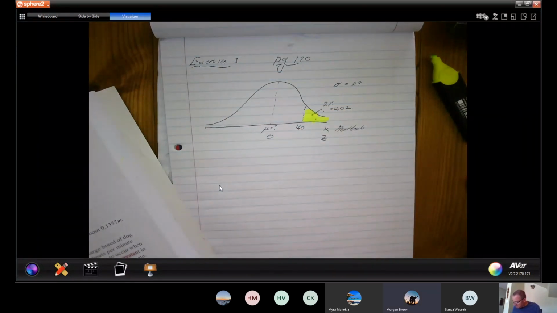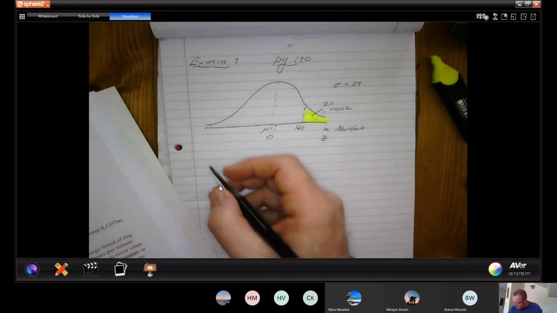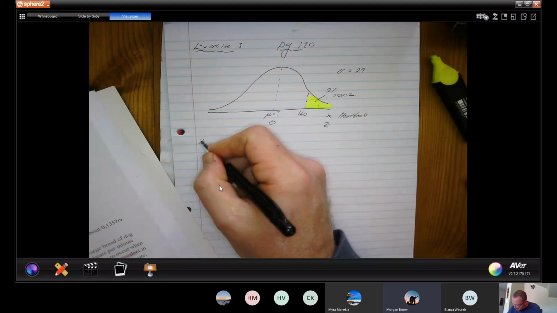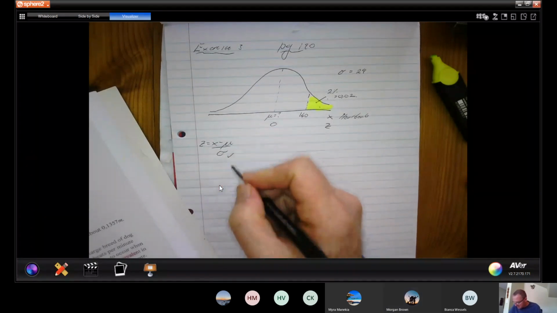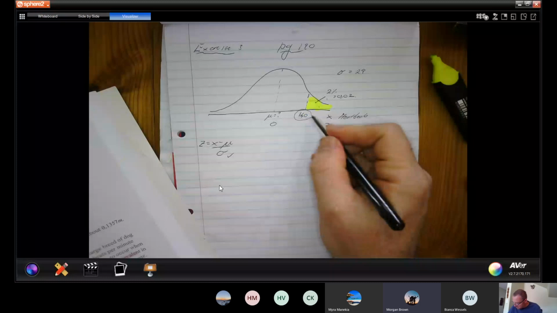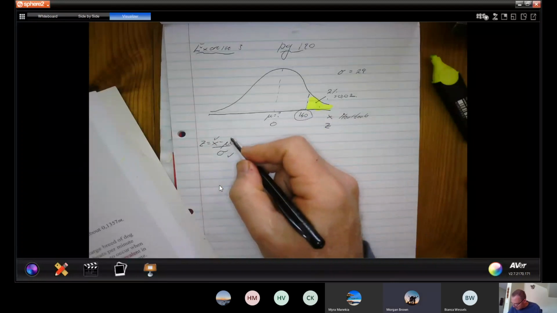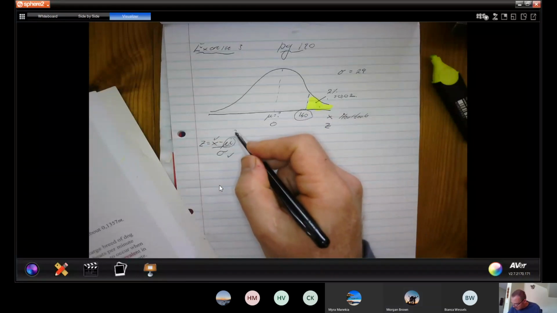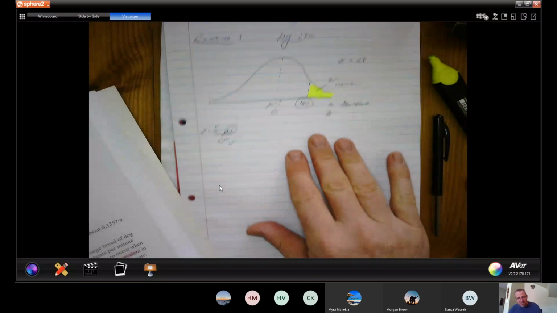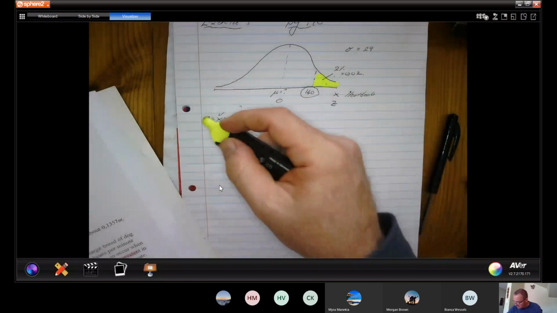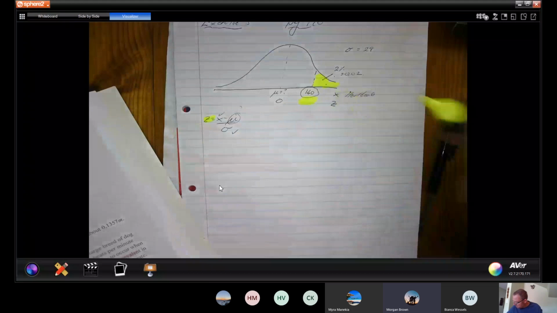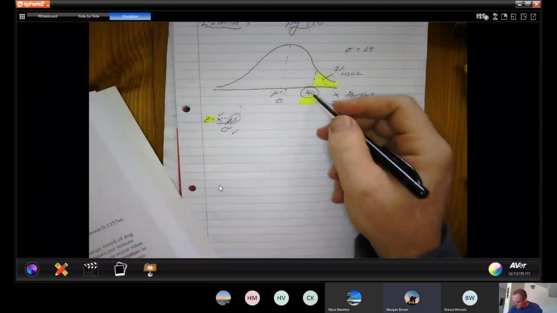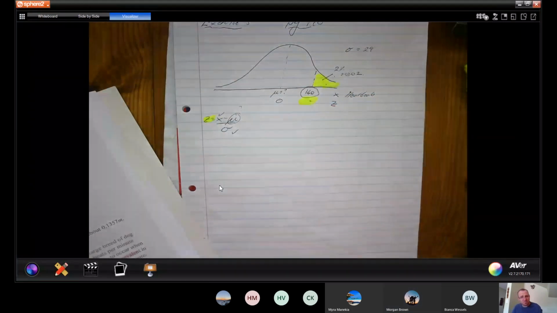So in order to find the mean, I'm going to ultimately end up using Z is equal to X minus mu over sigma. I know sigma, and I've got an X score, and I'm looking for a mean. So what I have to find in order to calculate the missing variable is Z, the Z score that goes with that X score.